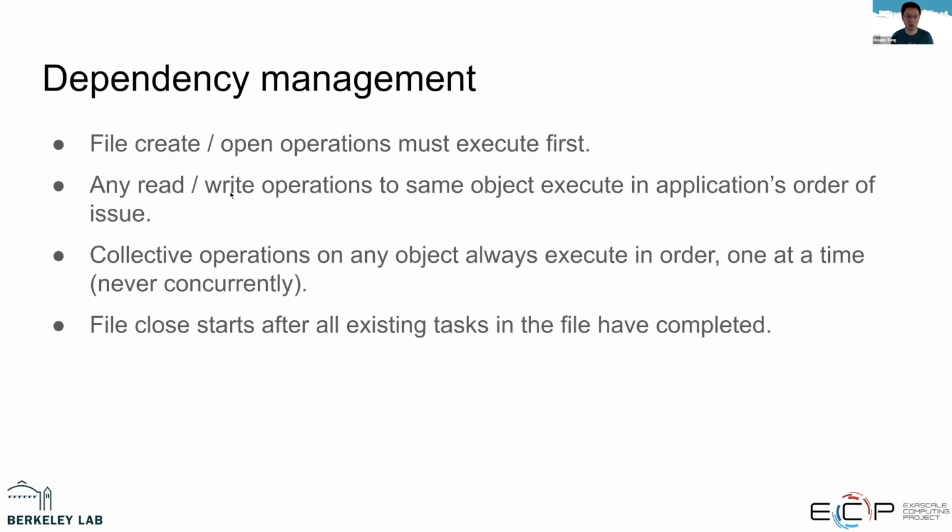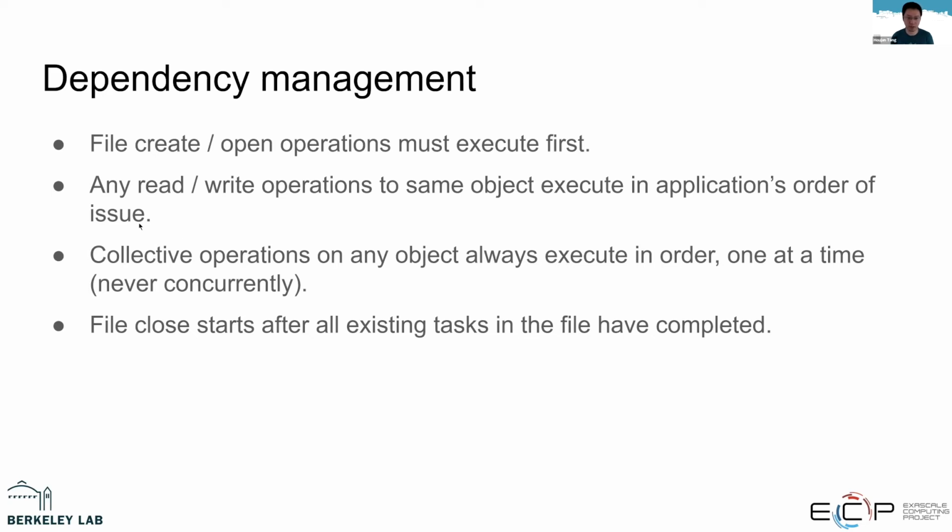So a little bit more on the dependency management. We have a few rules to be enforced to make sure the data is consistent and we are doing what the application intended. So the file create and file open operations must be executed first, because otherwise the rest of the operations will not make sense with the invalid file ID.